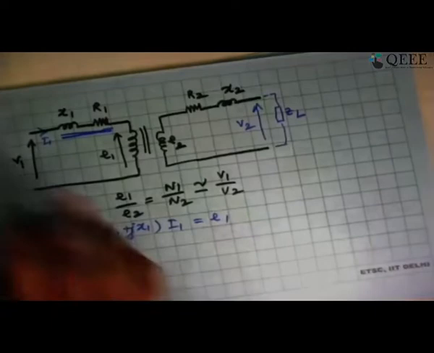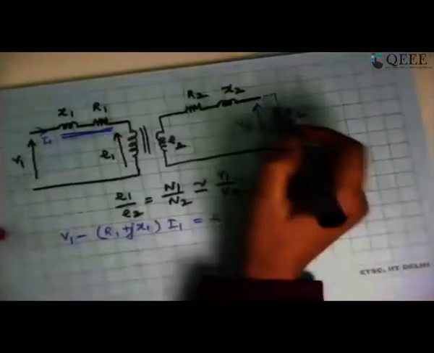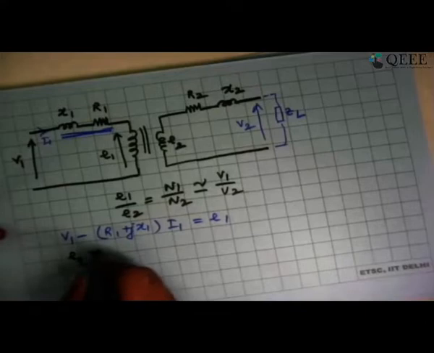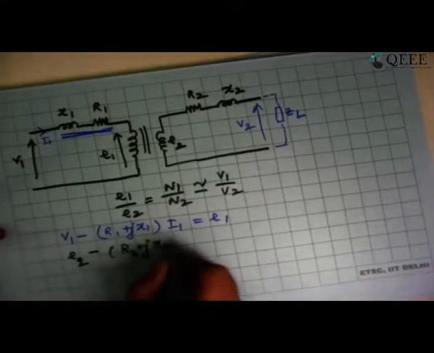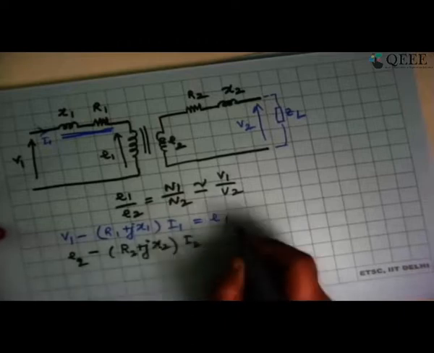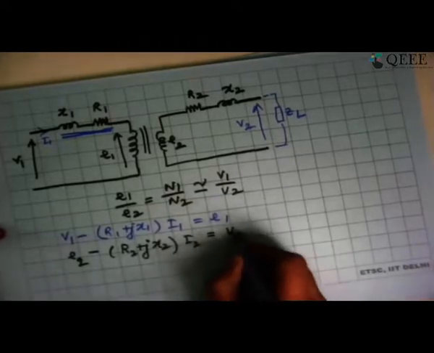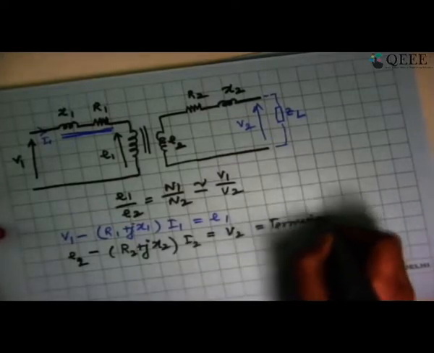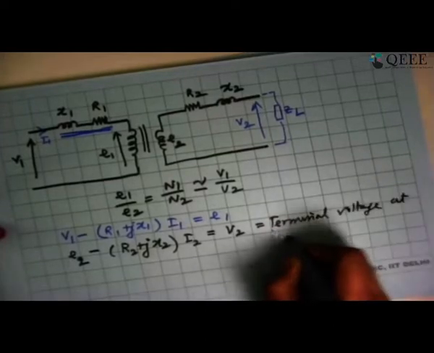This is what is the actual equivalent circuit of the transformer if I try to look at only the series parameters. So I can again write E2 minus R2 plus JX2 multiplied by I2, or the load current, will be equal to V2, which is the terminal voltage at the secondary winding.